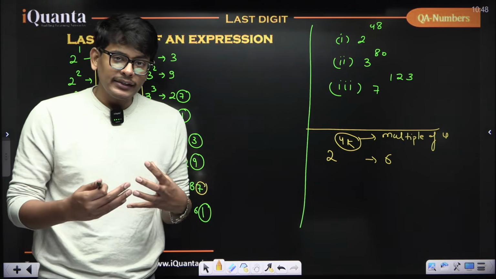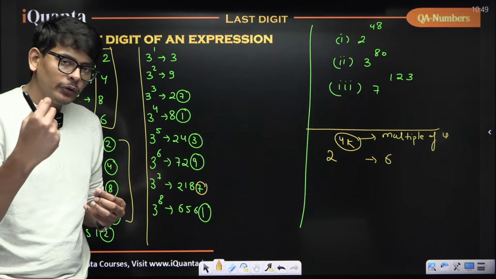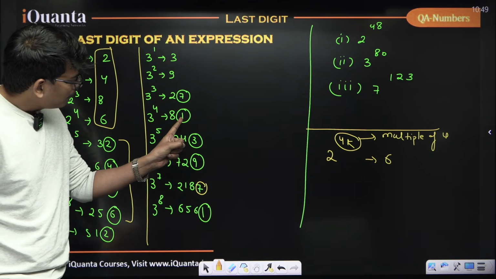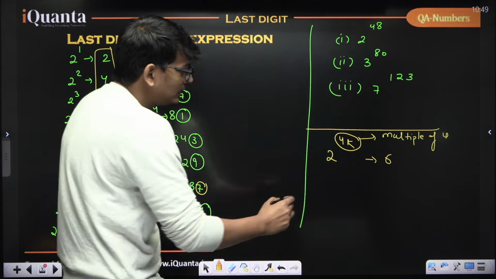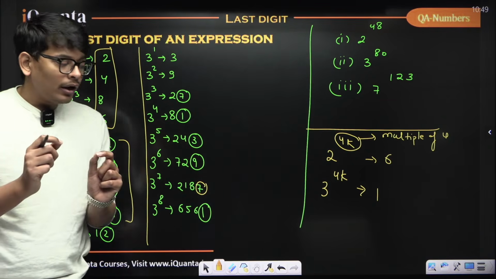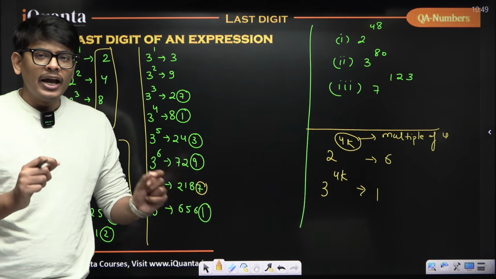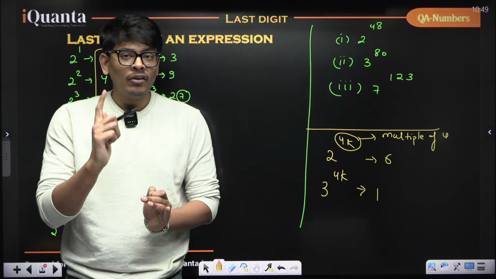You can again see after every fourth power, the unit digit repeats. 3 की power 4 is 1. 3 की power again 8 is 1. So that means if a number ends with 3 and power is a multiple of 4, unit digit will always be 1.